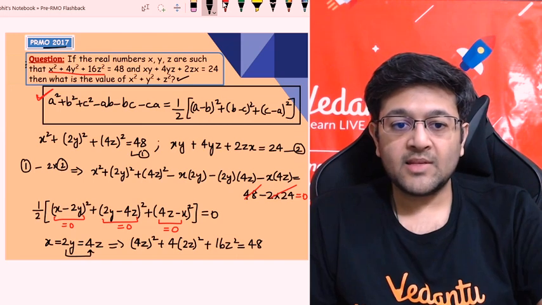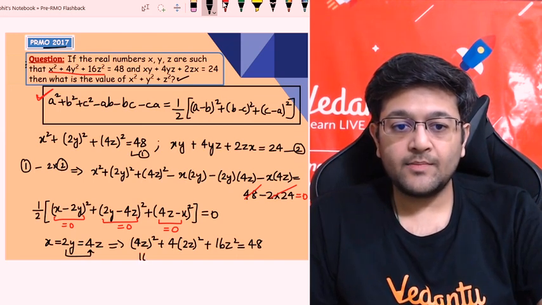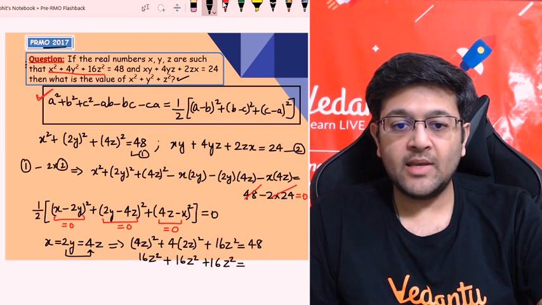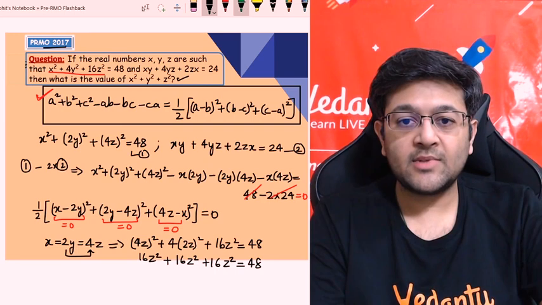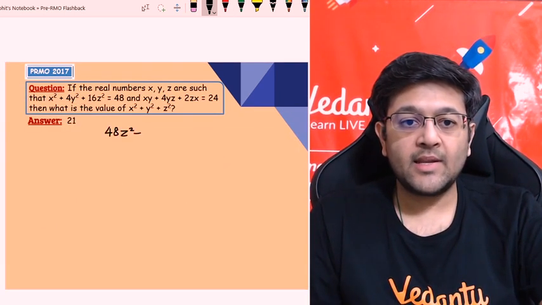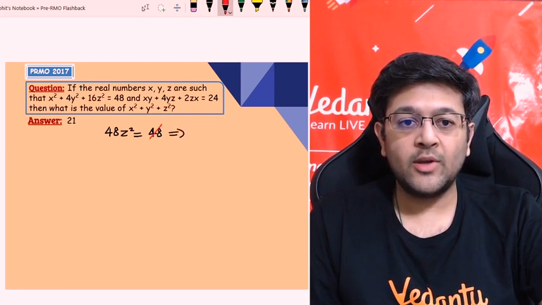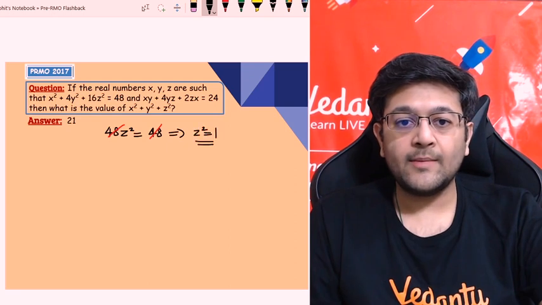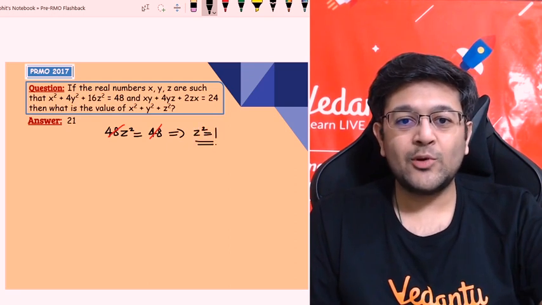Now you can see 16z square plus 4 into 4, 16z square, plus 16z square equal to 48. So let's do it on the next slide. This will become 48z square equal to 48, right? I hope it is clear to you now. This will cancel, we'll get z square equal to 1. So z square is equal to 1.